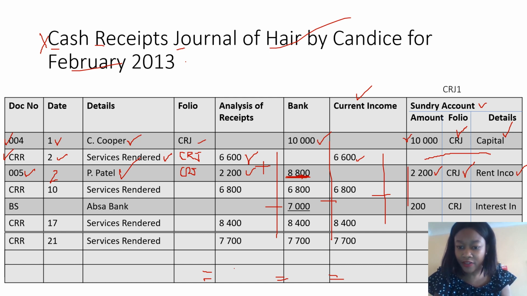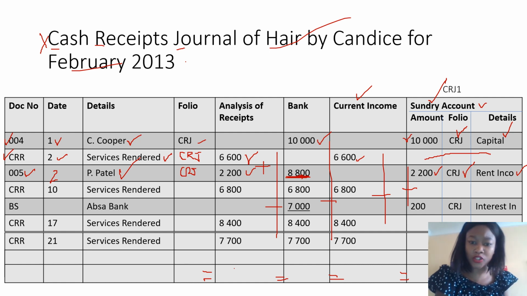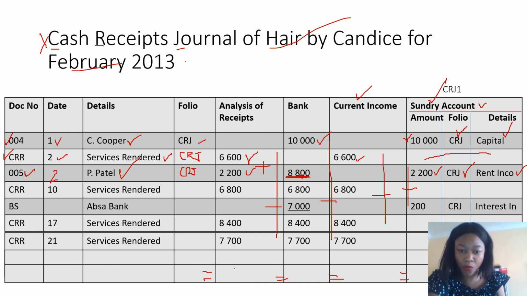You add everything in the sundry account, then you get the closing figure there also. And then to verify whether your cash receipts journal is correct, what are you going to be having? You're going to be having the balance for bank, current income, and sundry, whereby your bank must be equal to current income when you add it with the sundry account.